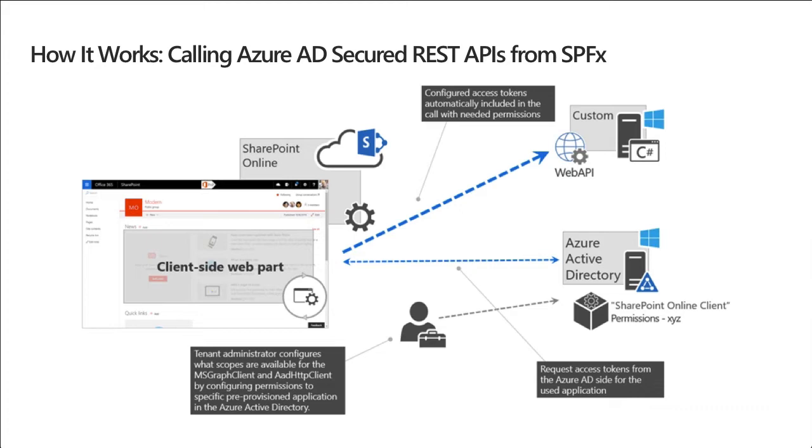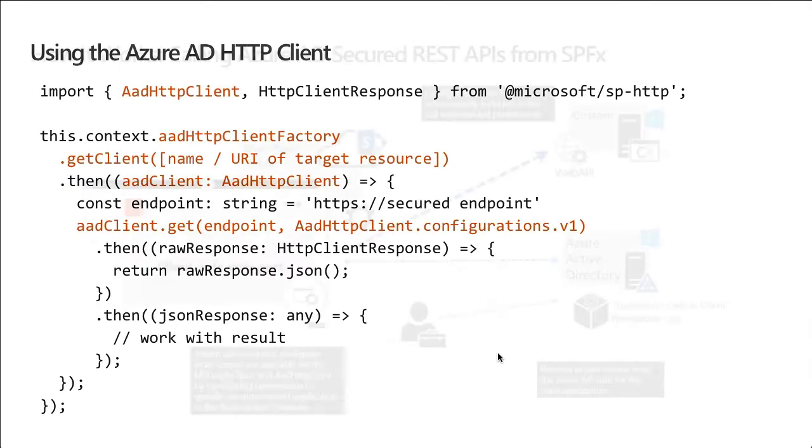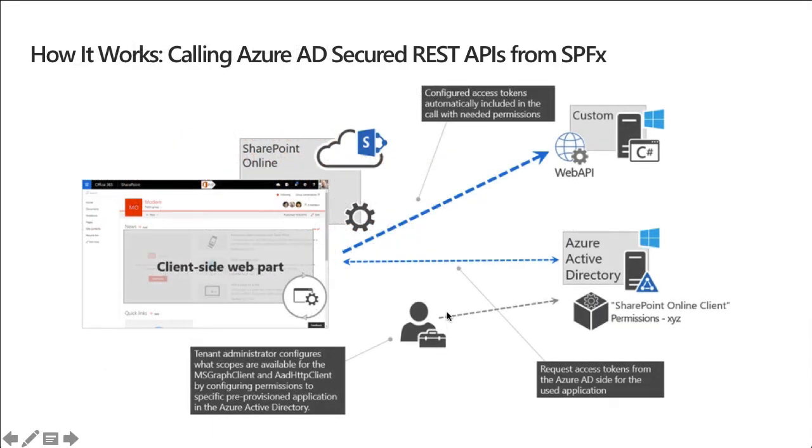But what this chart is showing is that he has gone into my tenant, and he has granted that SharePoint Online Client Azure AD app a specific permission on this resource, and that was defined either using the package-solution manifest file, or it was defined using PowerShell or the Office 365 CLI.